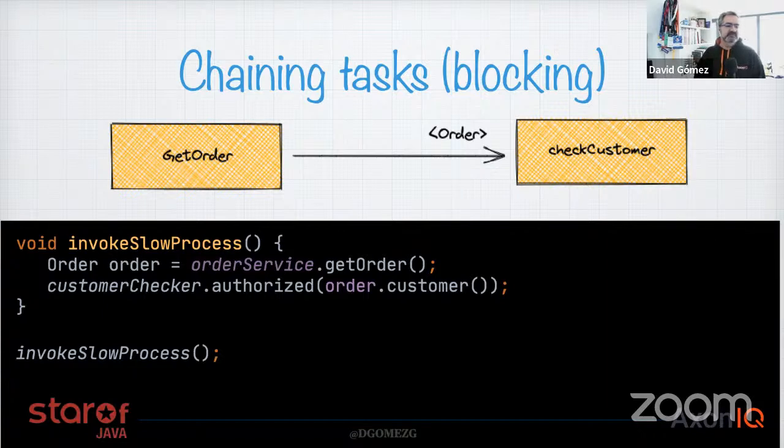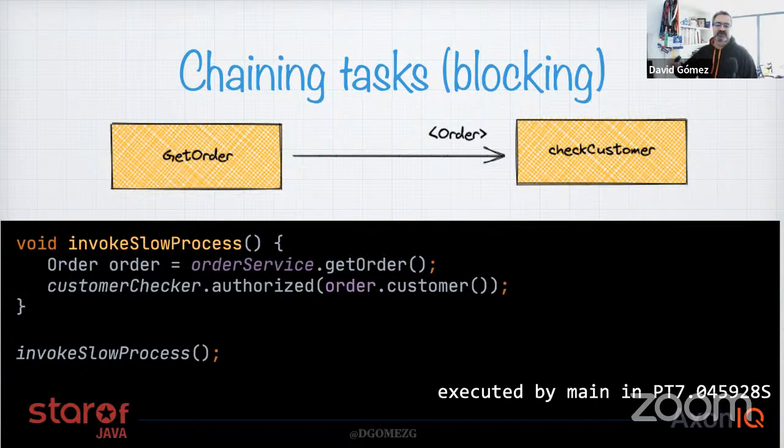But this basically means that we are invoking two different microservices or two different REST APIs to external systems, so this is going to take some time. In fact, if I execute this, it takes 7 seconds because we have very slow systems.